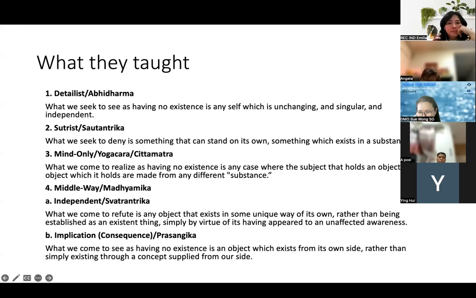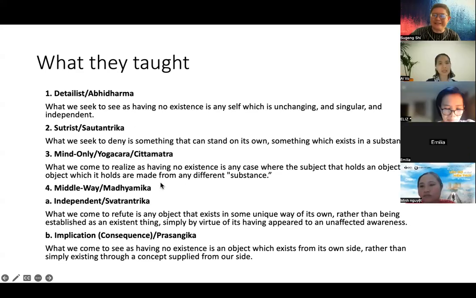All right? Got it? And finally, this is the concept that we are so used to, the implication branch, the consequence branch, the Prasangika branch. What we come to see as having no existence is an object which exists from its own side rather than simply existing through a concept supplied from our side.